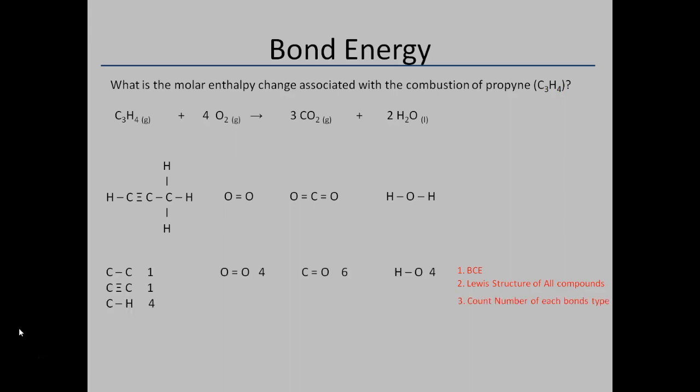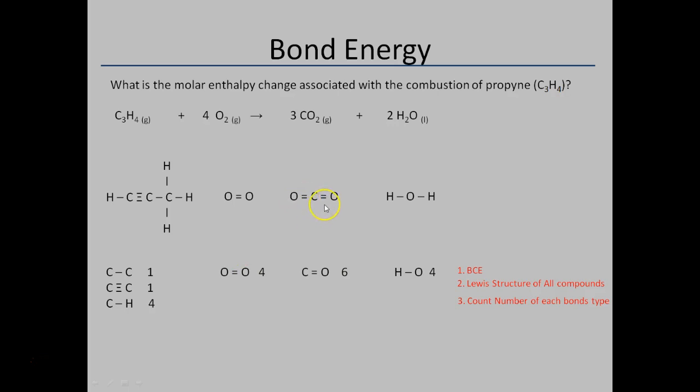To do that, the first thing I'll do is count how many bonds of each type I have. I have one carbon-to-carbon single bond here, and a carbon-to-carbon triple bond there. And then I have 1, 2, 3, 4 carbon-to-hydrogen bonds. For each oxygen, I have one oxygen-to-oxygen double bond, but in my balanced equation, I have 4 oxygens, so I have 4 of those.